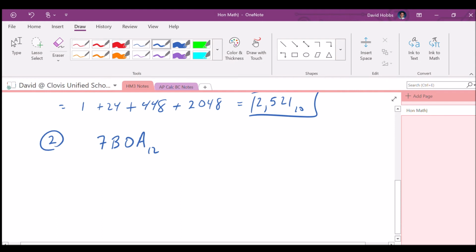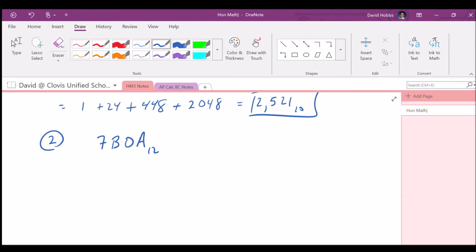Now, anything that's bigger than base 10, you're going to use A as the single digit representation for the 10. The B is going to be the 11, and so on until you get as high as you need to.